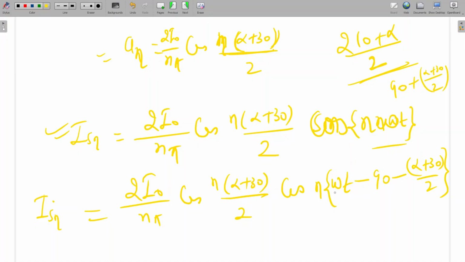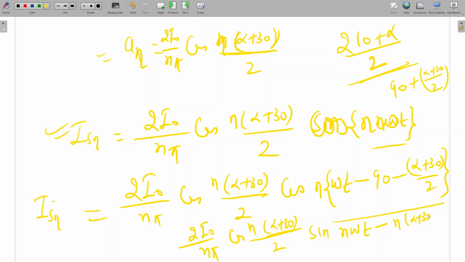Is it clear now? Yes, sir. So it will be the same as previous. So it will be 2 I naught upon n pi cos n into alpha plus 30 by 2, into sine n omega t minus n into alpha plus 30 by 2. This will be the equation.